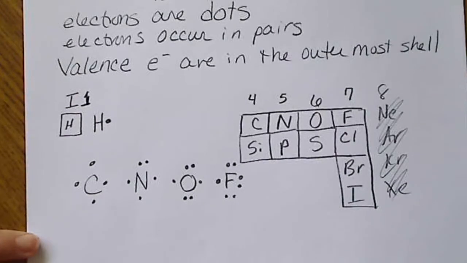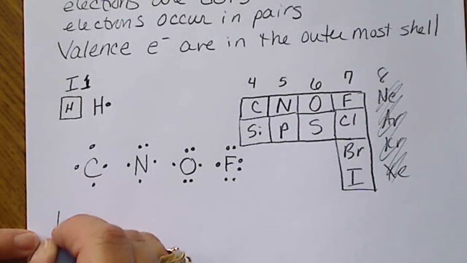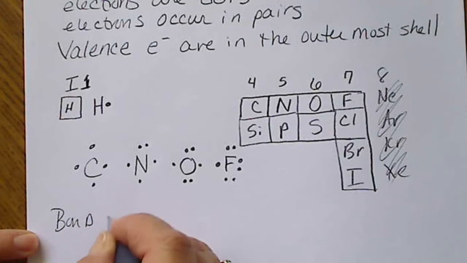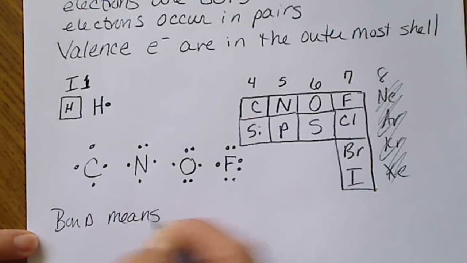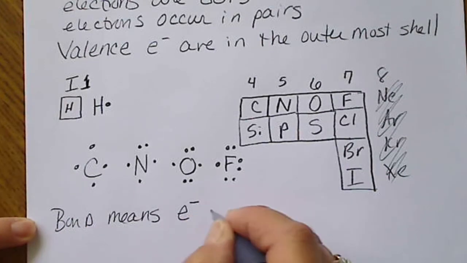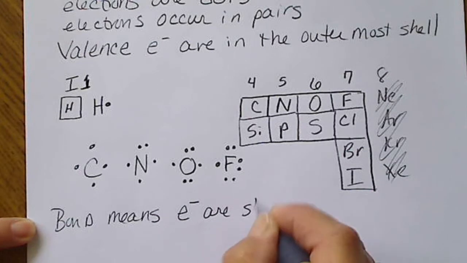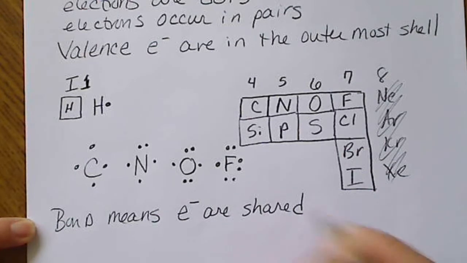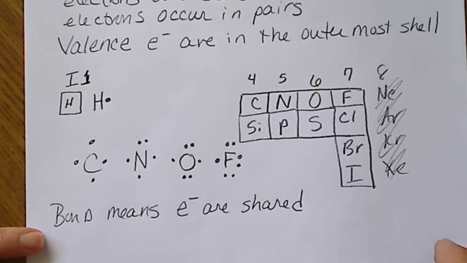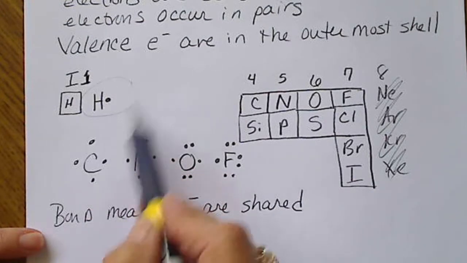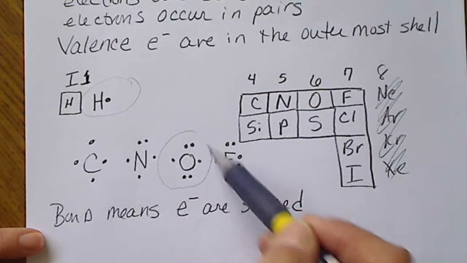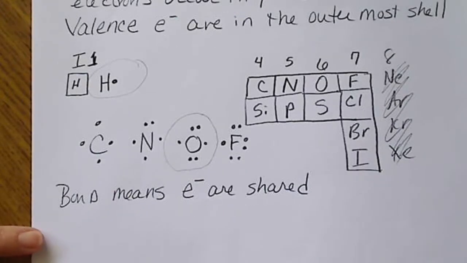And a bond means that electrons are shared between atoms. So I'm going to take a water molecule, so we're going to have 2 hydrogens and 1 oxygen.